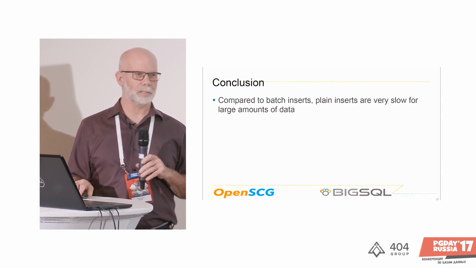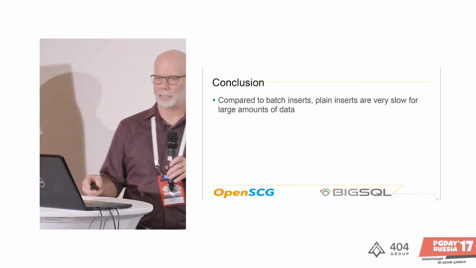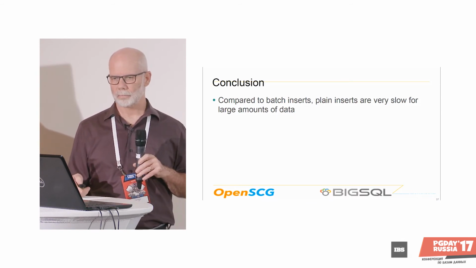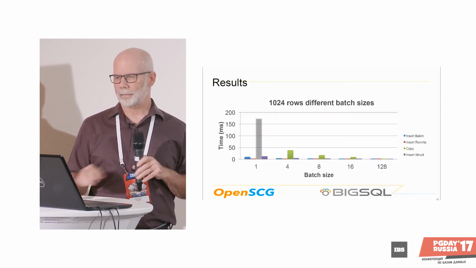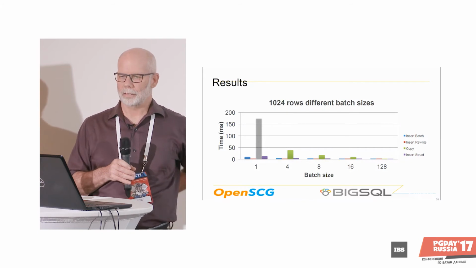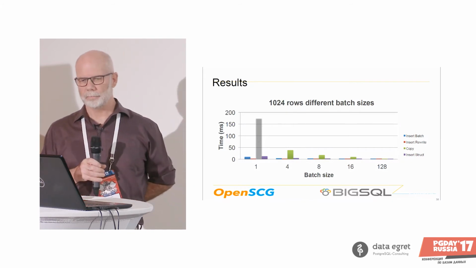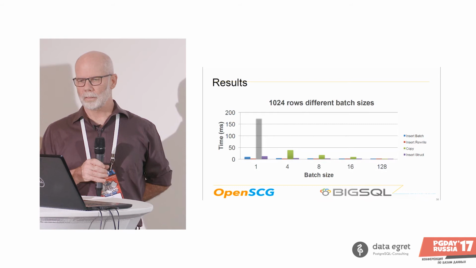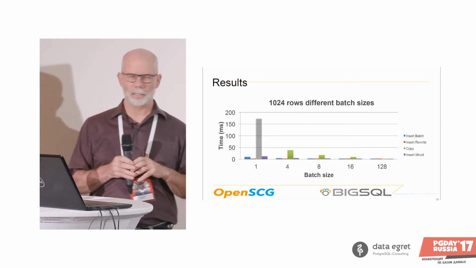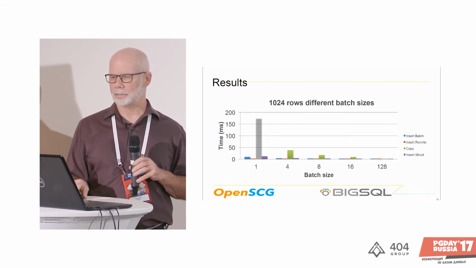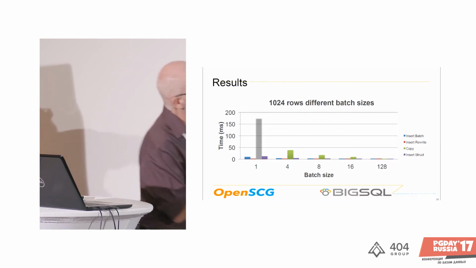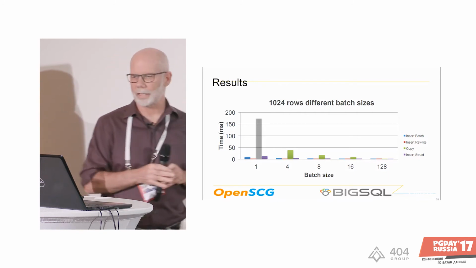So plain inserts are much slower, so using insert batch is a better way to go. Different batch sizes show different values. Insert batch is again the slowest way to go, but you can see that using insert rewrite, which is the red one, which is kind of like the lowest one at the bottom, is the fastest way to go.